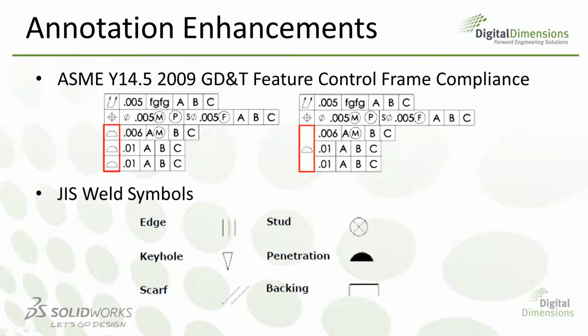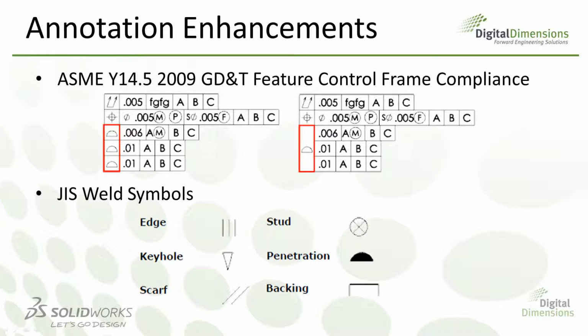They have made the improvement to the feature control frame annotation to allow for combining multiple geometric symbols into a single composite frame. Although we could do something similar to this in SolidWorks 2009, you'll recognize that once you specified a composite frame, then it wouldn't let you add any additional geometric tolerance symbols within that feature control frame annotation.